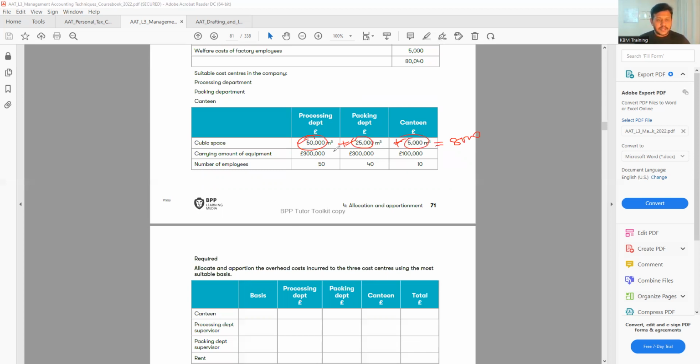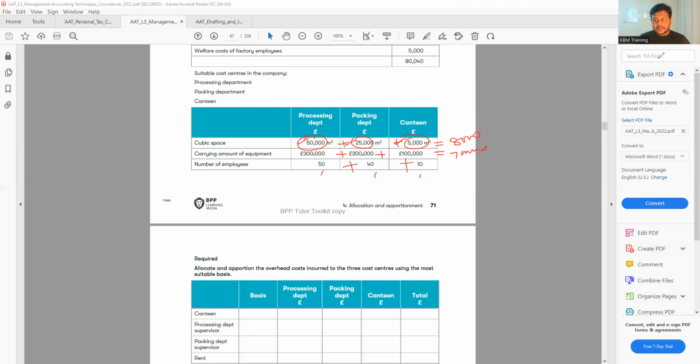The carrying amount of the equipment is 300,000, then 300,000, then 100,000, that's 700,000. You divide by 700,000 and multiply by 331 to find the equipment depreciation. The number of employees is for the staff welfare. We add all of this, then multiply by 50, 40, 10 to give the right department.